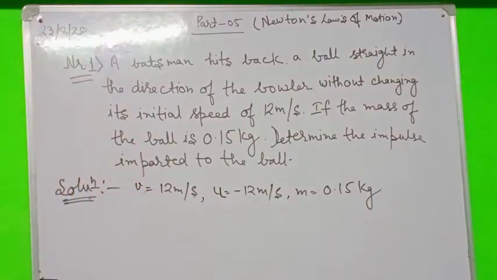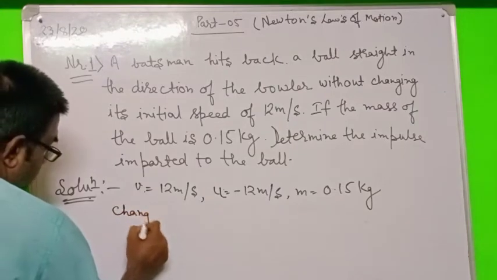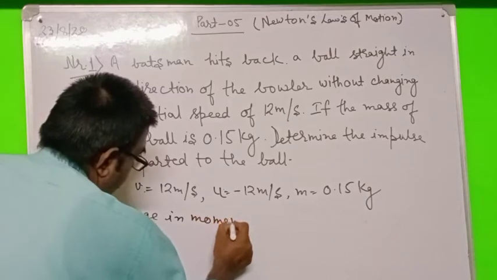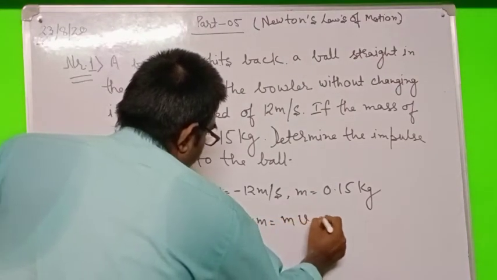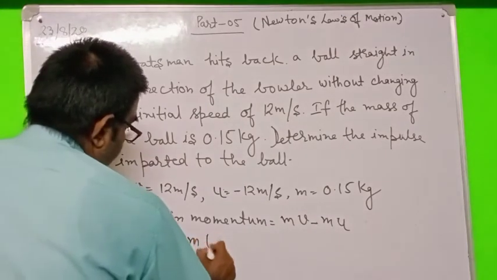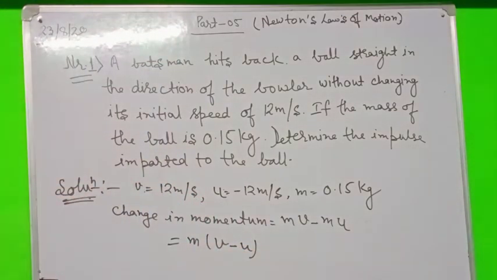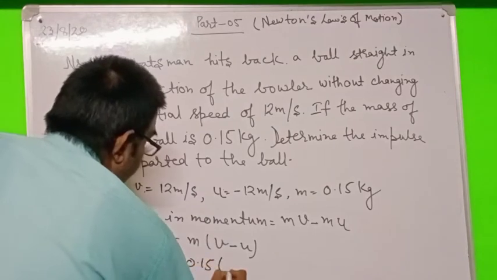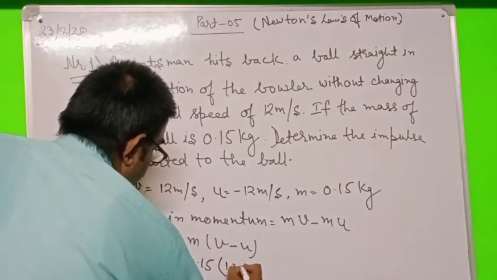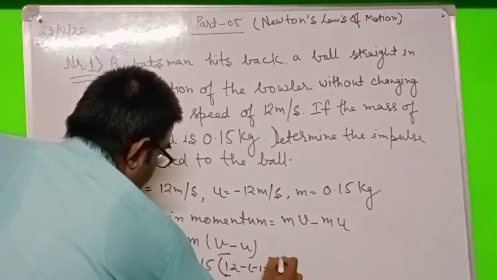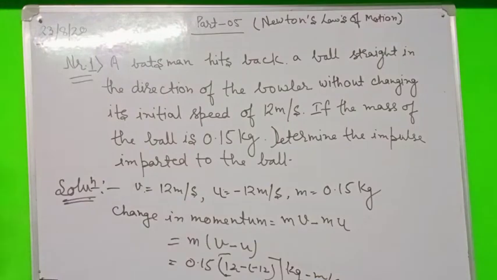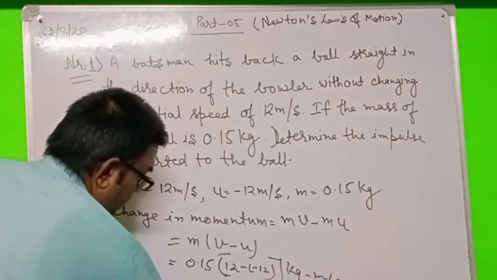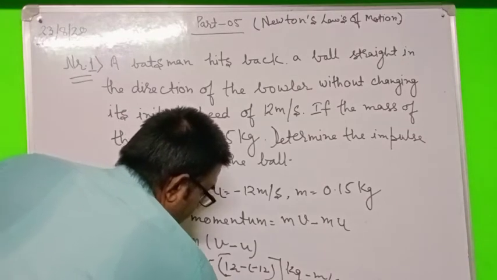The change in momentum is mv minus mu, which is equal to m times (v minus u), that is 0.15 into (minus 12 minus 12) kg meter per second, which is equal to 0.15 into 24 kg meter per second.